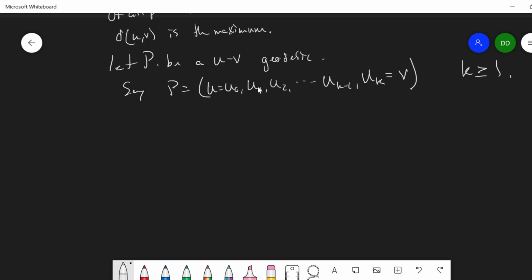Since U is a cut vertex, U1 belongs to a block B, and Uk-1 belongs to a block, let's call it B prime.